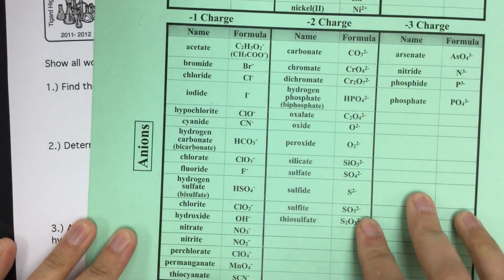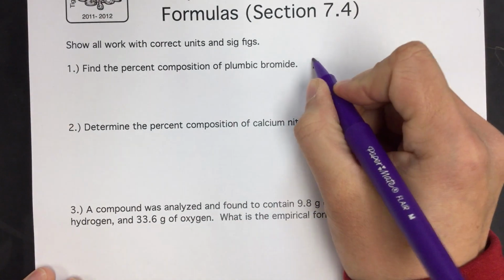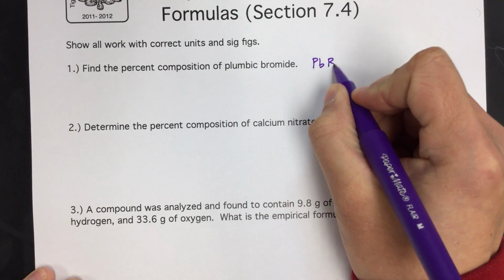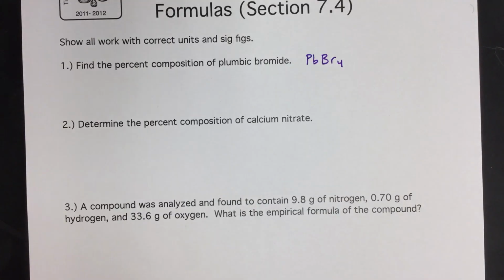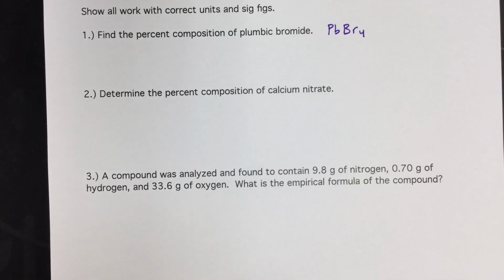Bromide is your anion. It has a charge of -1. So the formula here is going to be PbBr4. You need 4 bromines to balance out the charge of the lead, Pb4+.